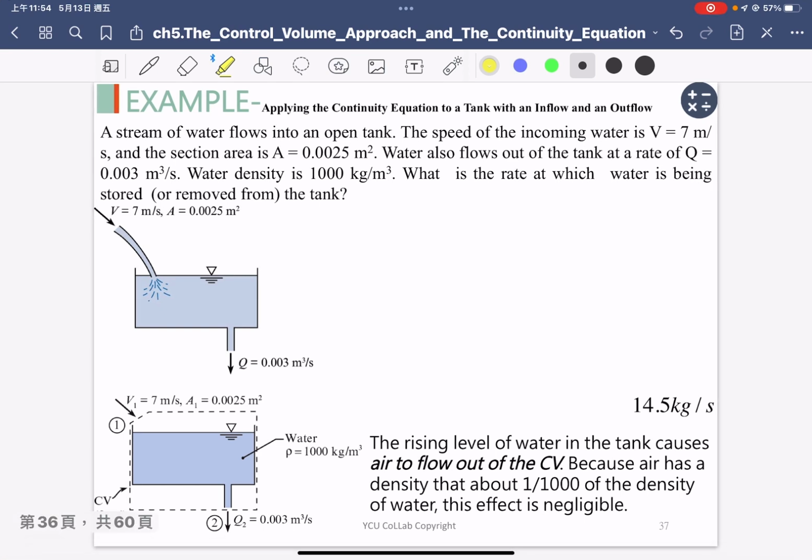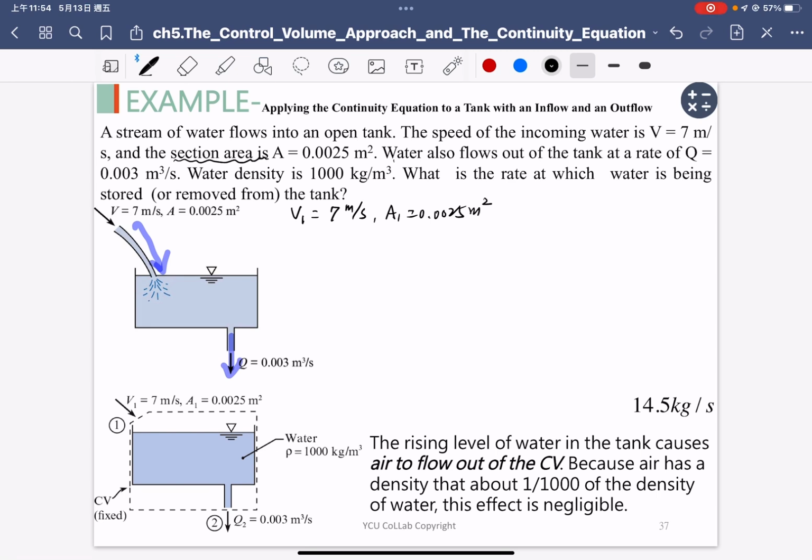For this problem, we know that we have the inflow in here, and we have the outflow in here. And what we already know is the speed of the incoming flow, V1. V1, the incoming velocity, is 7 meters per second, with the cross-section area A1 equal to 0.0025 square meters.